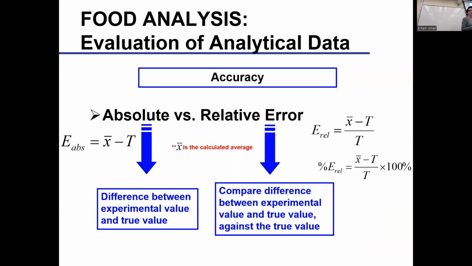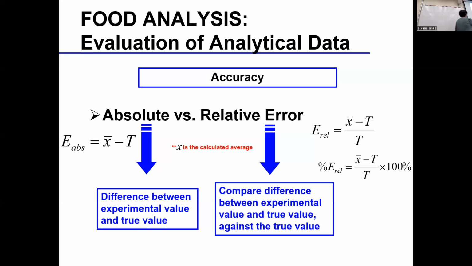Let's say I have a starch kit, an enzyme kit to determine total starch. They send with the kit a standard starch sample, and you have your samples that you want to determine total starch in. You run your samples, you run the standard starch, and then to determine the accuracy of your procedure, you look at the value you got for the standard starch, and in the pamphlet they gave you with the kit, they tell you what the percent starch in your reference is.